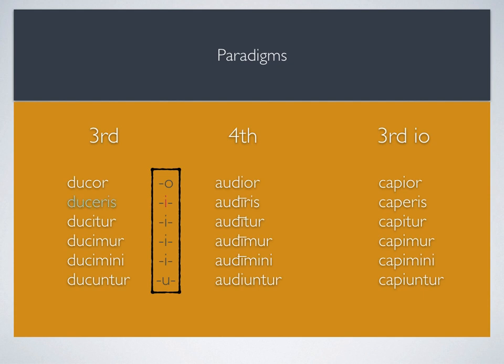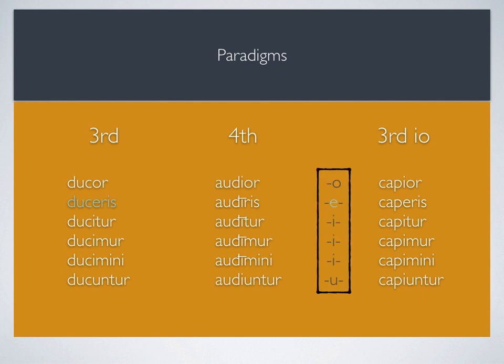Take a look at this verb. Our second person singular is duceris with an E, and if we're looking at our list of active connecting vowels, there's an I in that place. So, one difference between third conjugation present verbs, active and passive, is that this connecting vowel, which is I in the active, is going to become E in the passive. So we're going to have O, E, U for our connecting vowels.